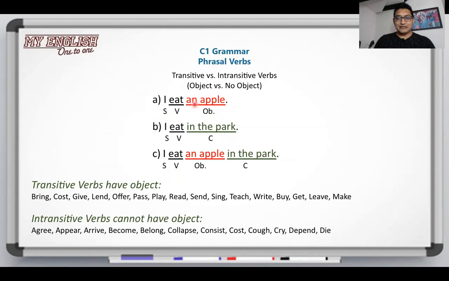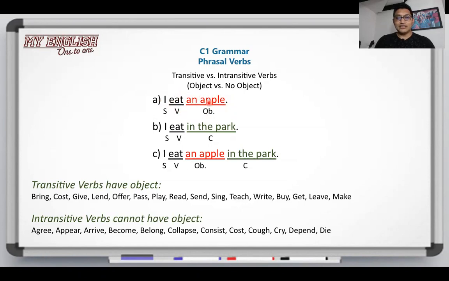An object is a part of the sentence or a noun that can receive action from the subject through the verb. In other words, the verb transmits, transfers action to the object, and the object gets transformed. It receives transformation or alteration from the verb.